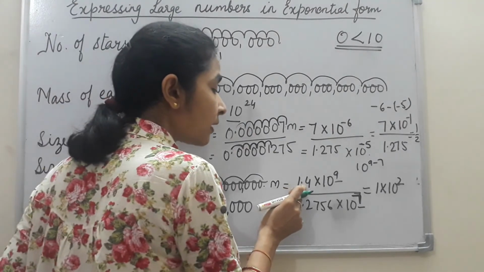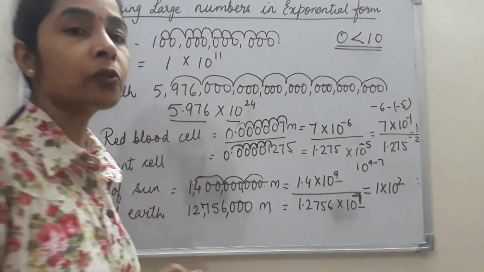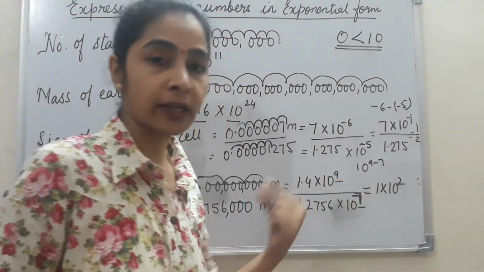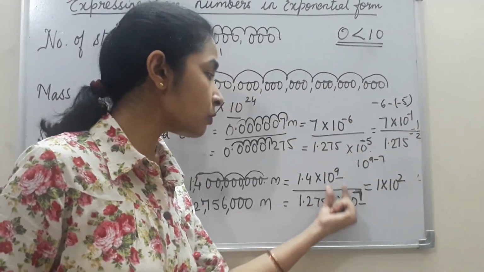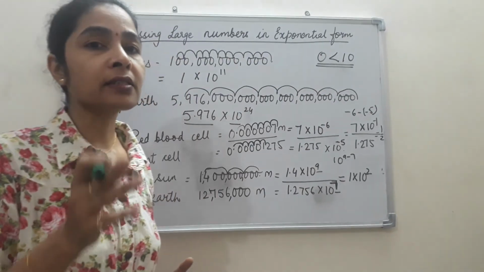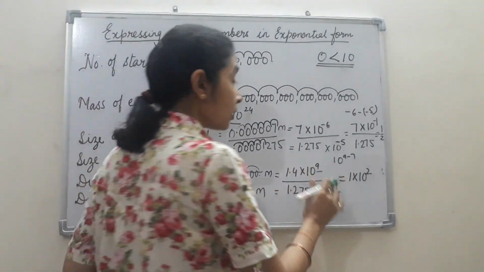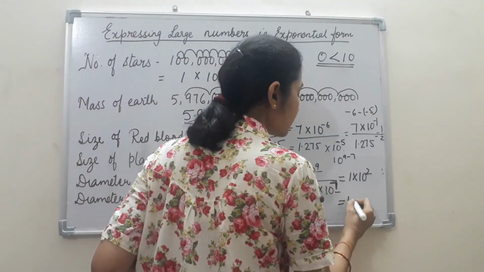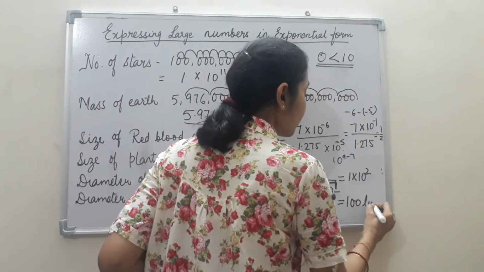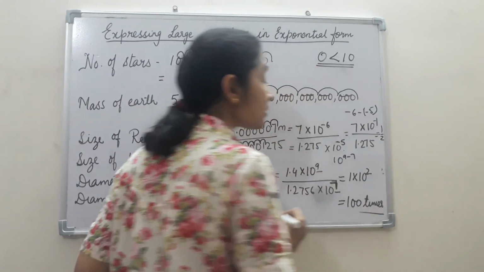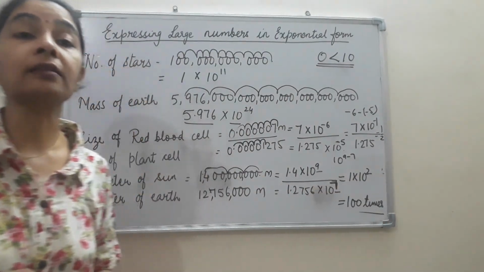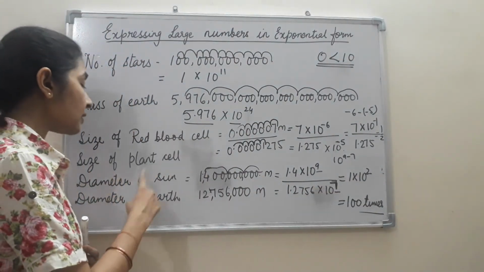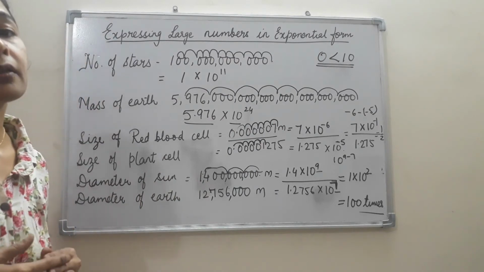So when we divide 1.4 by 1.2, approximately we are getting 1, and 9 minus 7 gives 10 raised to the power 2. That means very easily we can say that it is 100 times, because 1 into 10 raised to the power 2 gives us 100.